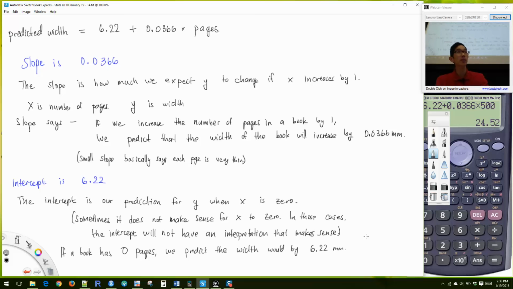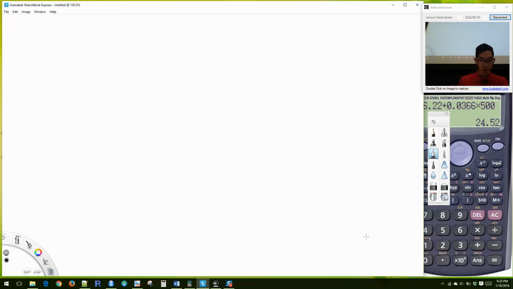Is that all right? Okay, so let's just try another one. Okay, so we are looking at some drag racing times. So, these are race cars.